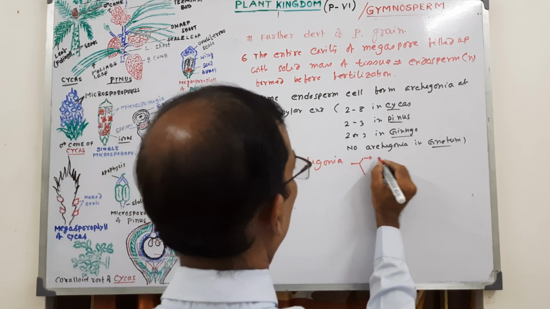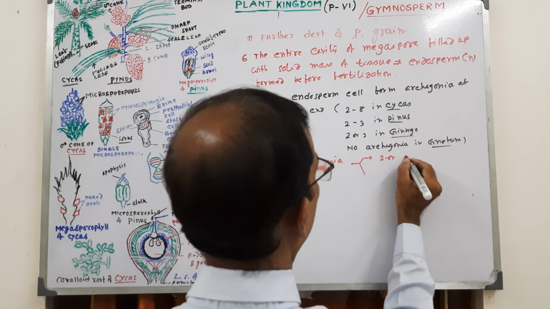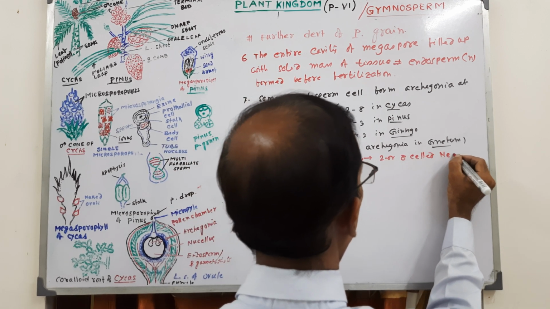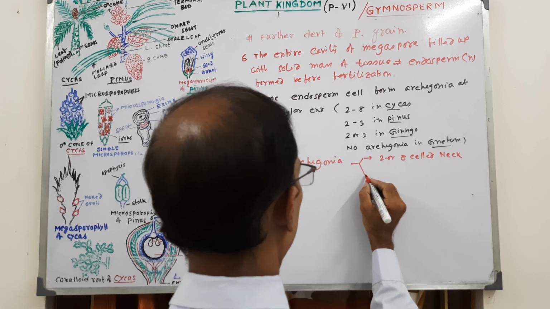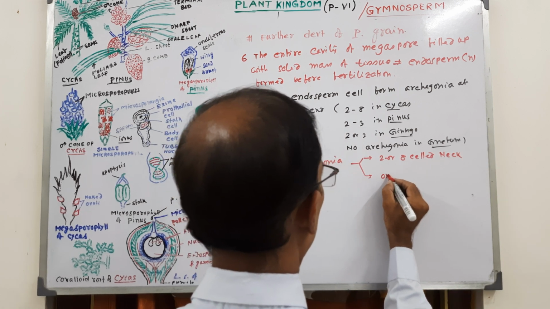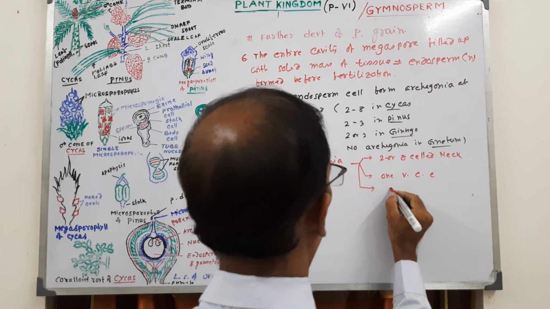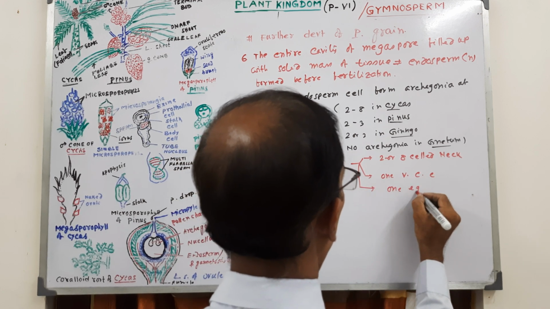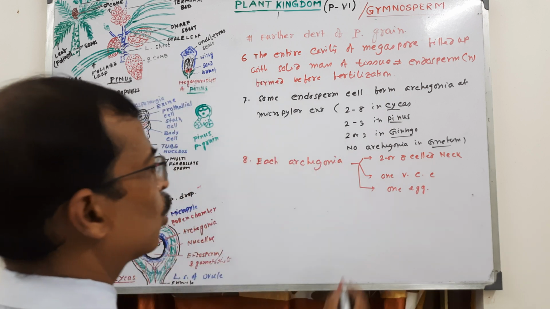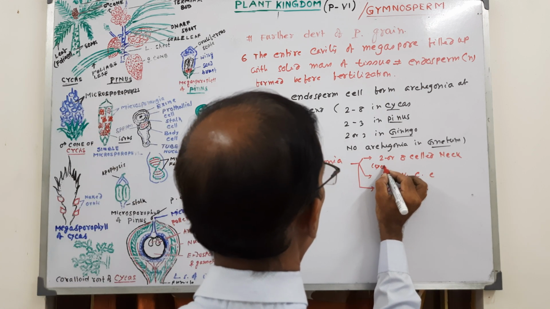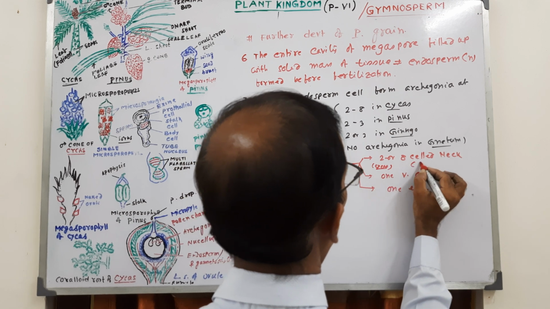consists of a 2 or 8 celled neck, and 1 ventral canal cell and 1 egg. Each archegonium consists of a 2 or 8 cell neck: 2 cell neck in Cycas, 8 cell neck in Pinus.